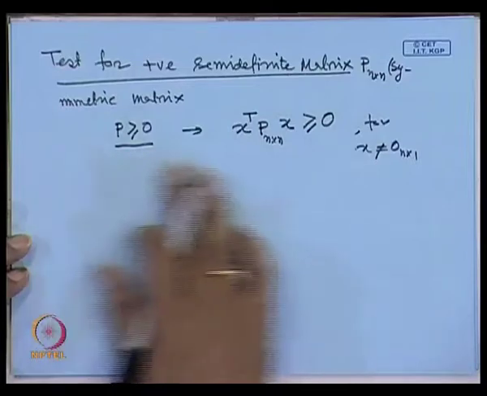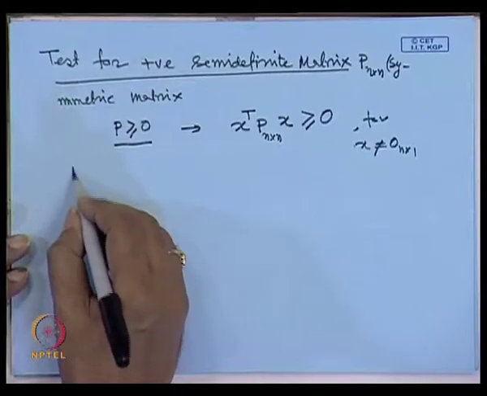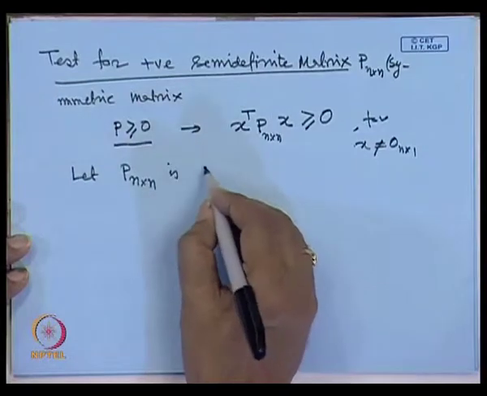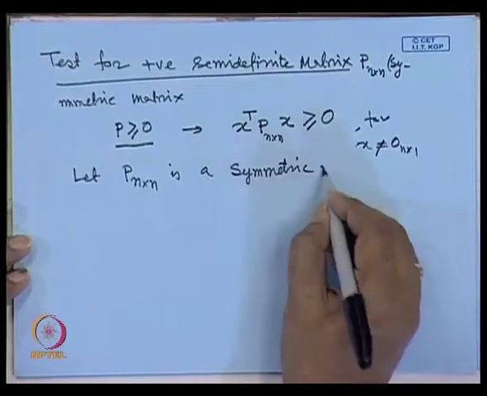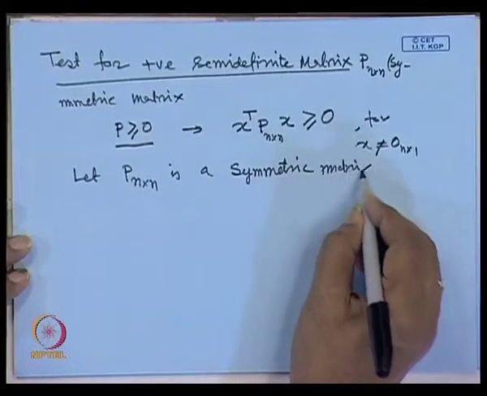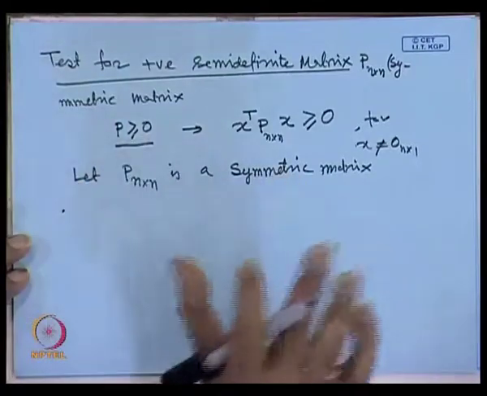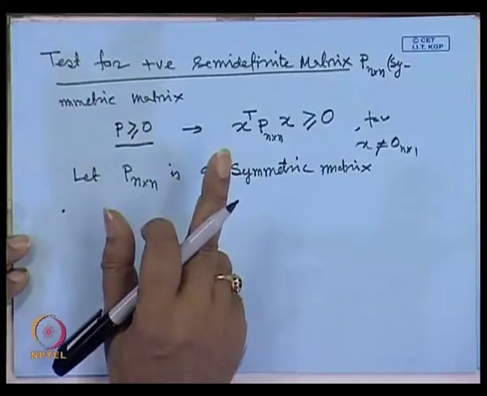Okay. So, how will you do this test? The Sylvester criteria tells that let P be an n cross n symmetric matrix. Then what you have to do? You first check the matrix given: all the diagonal elements, if it is positive semi definite, must be positive or some may be 0 also, but cannot be negative. Agree?